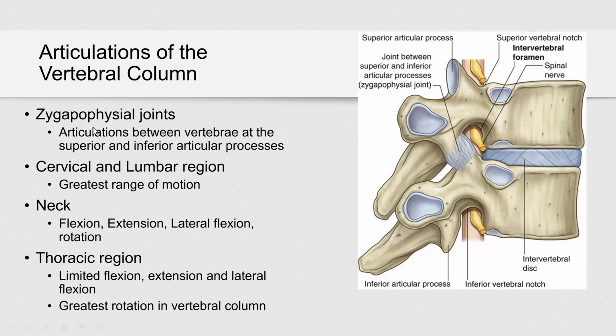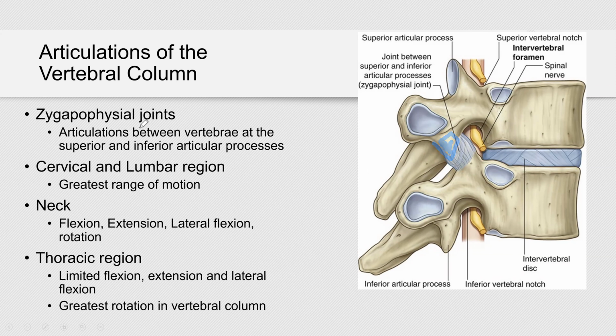The first joint is the zygapophyseal joint, and this is a joint between a vertebra, specifically between the superior and inferior articular processes of two adjacent vertebrae. Here's the superior vertebra, this is the inferior vertebra. This bony part is called the superior articulating process, and this one is the inferior articulating process.